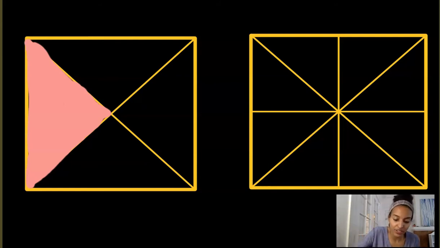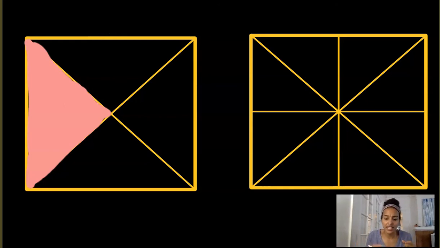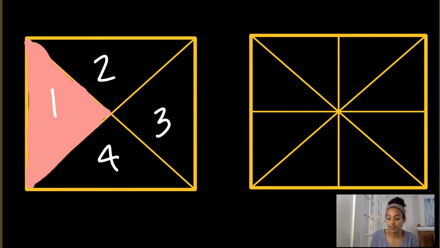For this first square, I see that the square has been divided into 1, 2, 3, 4 equal parts. So automatically I know that my denominator is going to be 4 for this first shape.